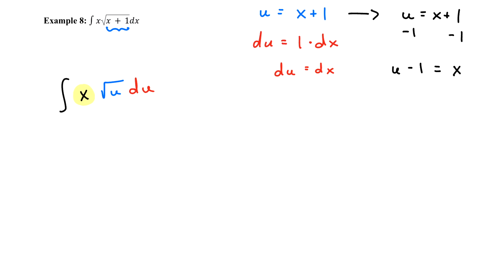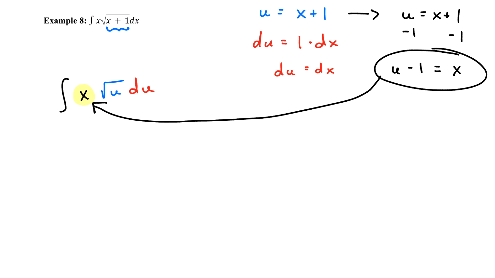So where I have that x highlighted, I can take out that x and replace it with u minus 1. Our next step will have the indefinite integral of u minus 1 times the square root of u du.